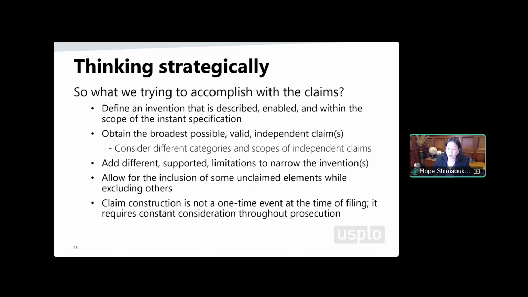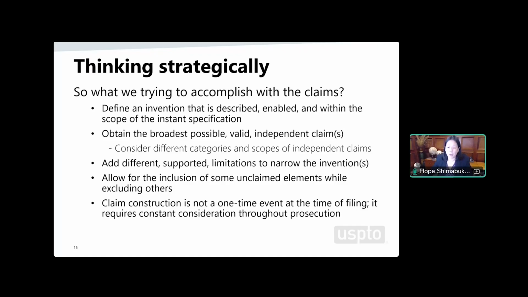There was very rarely, actually never, when I was an attorney, a time in which all of my claims were accepted the first time around. And being accepted means that it is allowed. Now, there are circumstances in which examiners do allow claims the first time around, but more often than not, changes are necessary in order to modify the claims based on the information that the examiner has found.